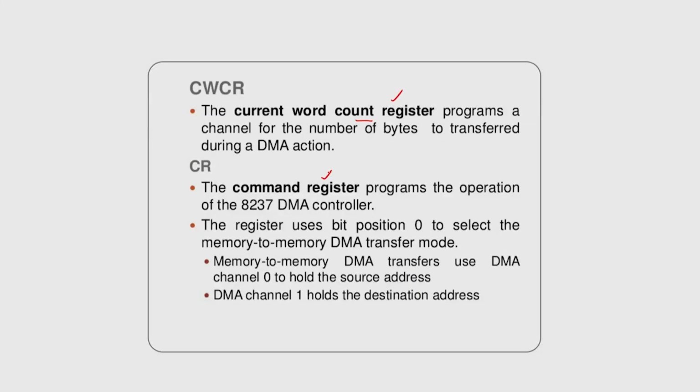Then we have the command register, which will decide the operation of the DMA controller, whether it is peripheral to memory, memory to peripheral, or even memory to memory operation. I will show the format of this command word register in the next slide.